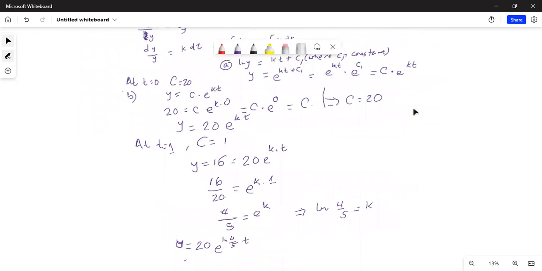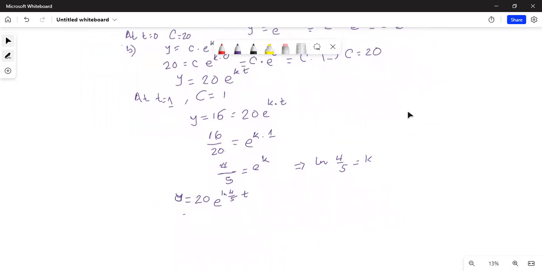Okay, so initially it is 20. So 75% of 20 is equal to 0.75 times 20 is equal to 15.